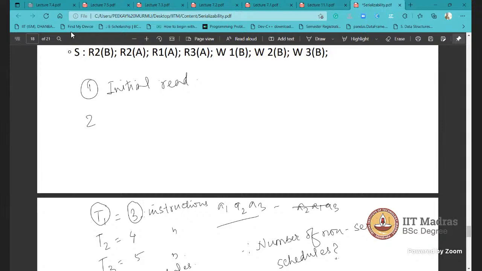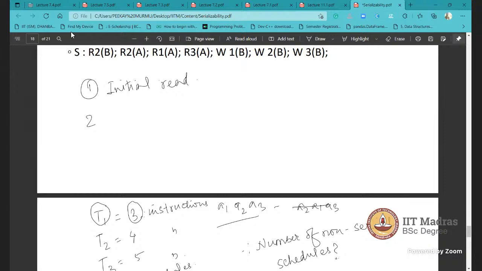If it is not conflict serializable, then we check for a blind write. If there is no blind write, we say the schedule is not view serializable. If there is a blind write, then we apply these three conditions to check whether it is view serializable or not.